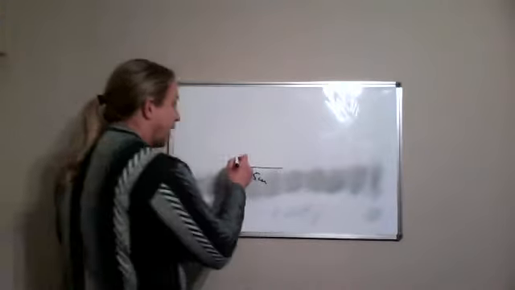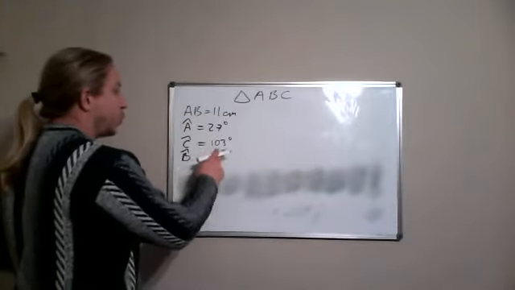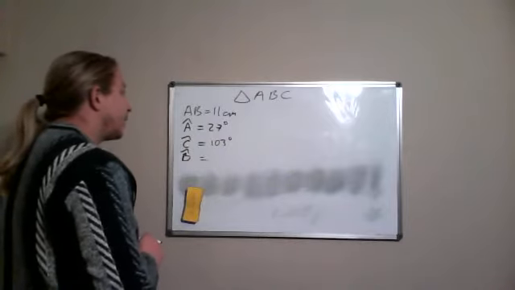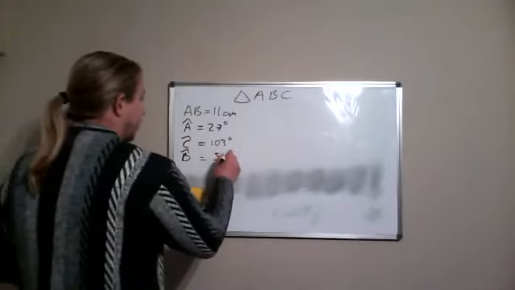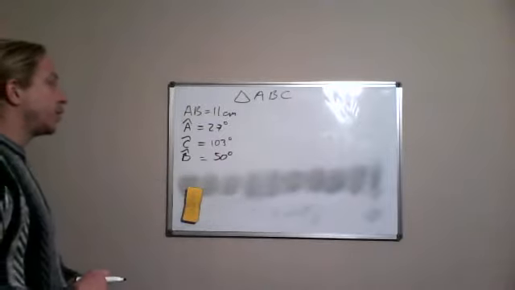And they say angle C is 103. So straight from this we can get angle B, which is 180 minus 103, which gives 77, minus 27 gives 50 degrees. So my angle B is 50 degrees. I just worked that out.